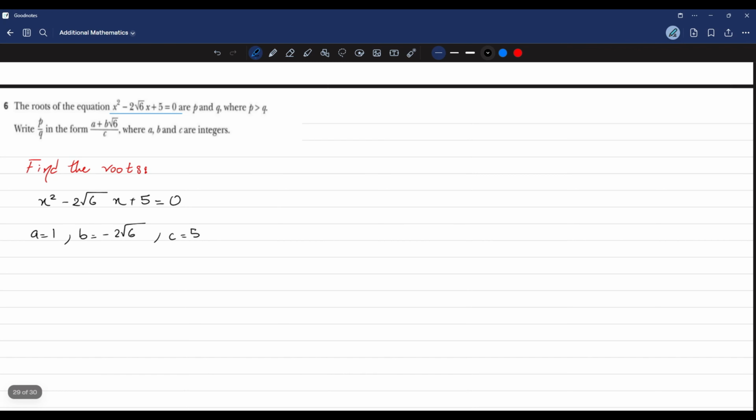You all know the quadratic formula for quadratic equations. So minus b, so this would become positive 2 square root 6, plus minus square root of b squared, which is negative 2 square root 6 whole squared, minus 4 multiplied by a, which is 1, multiplied by c, divided by 2a.